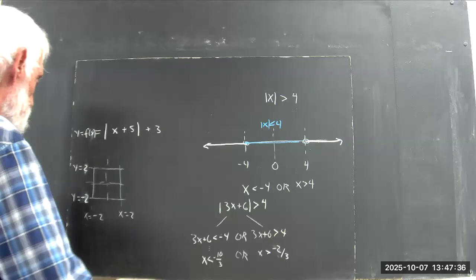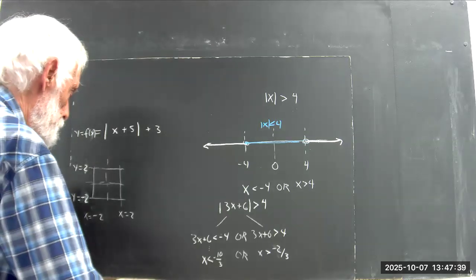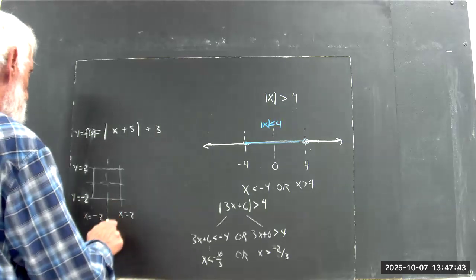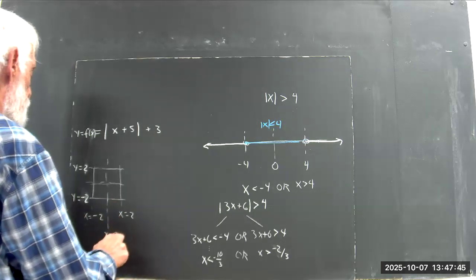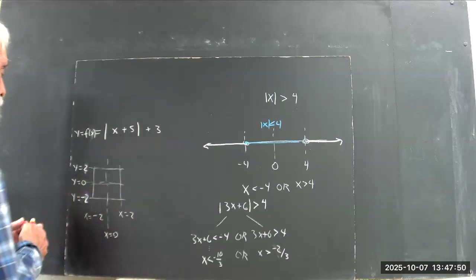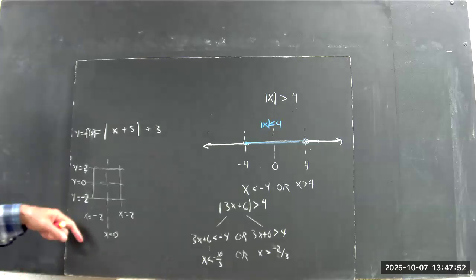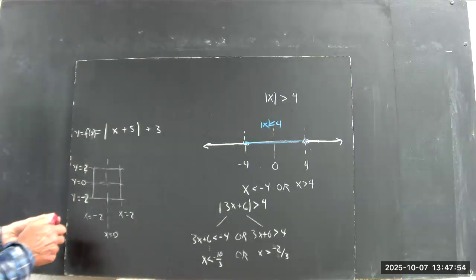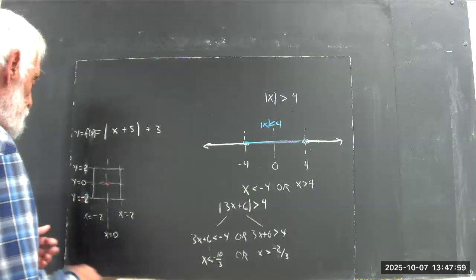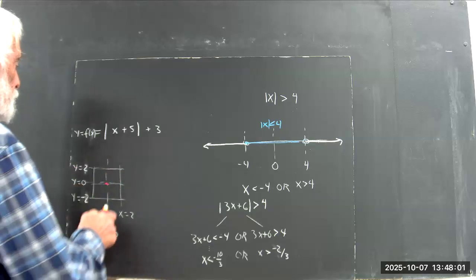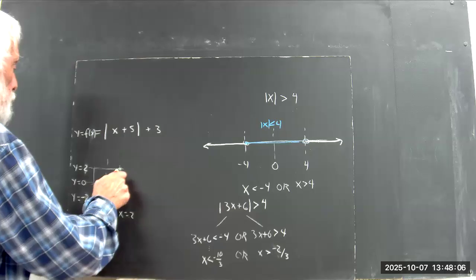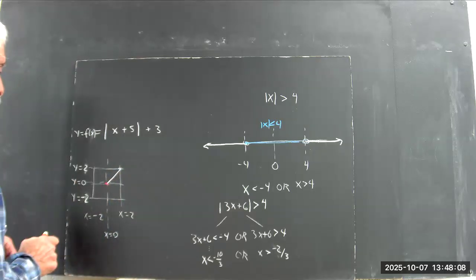We could draw it like this. If x equals 0, then y equals 0. Absolute value of 0 is 0. So we'd have a point here, and that's going to be our red dot. If x is 2, the absolute value of x is 2, so we got x equals 2, y equals 2. So we have this point, and we just do a straight line.